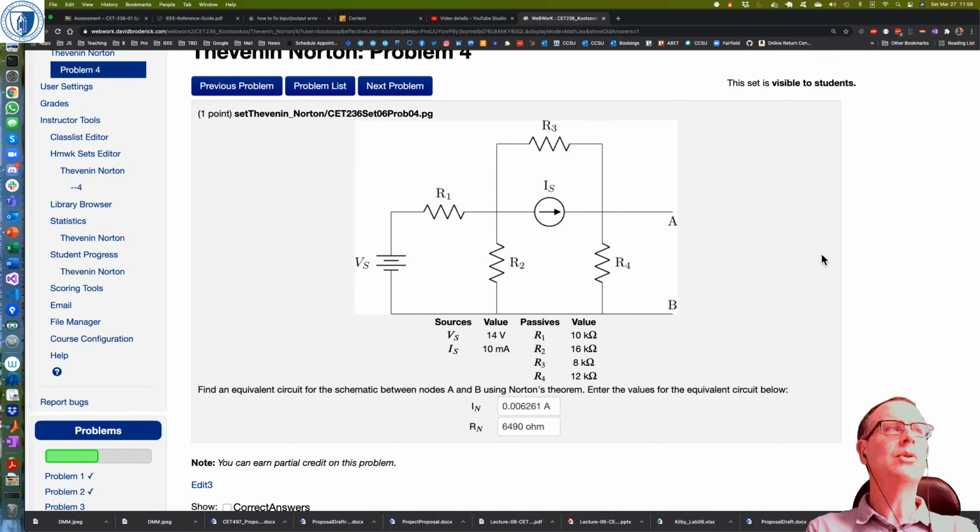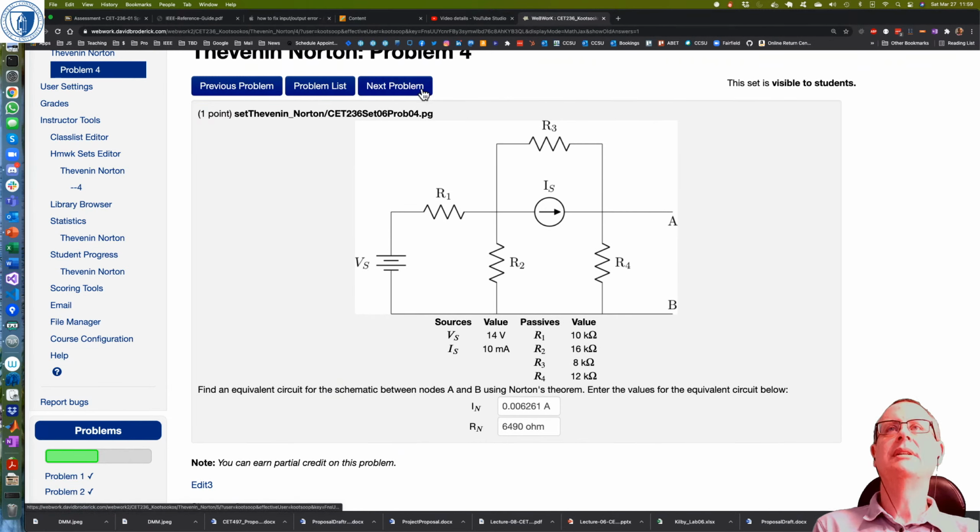It's got a short across it. It's got the same voltage on either side of it, so it has no current flowing through it. So we just analyze that circuit to find ISC. Because it's ISC, it's a current, I'd probably recommend using mesh analysis to find that current. And that should allow you to find that one.